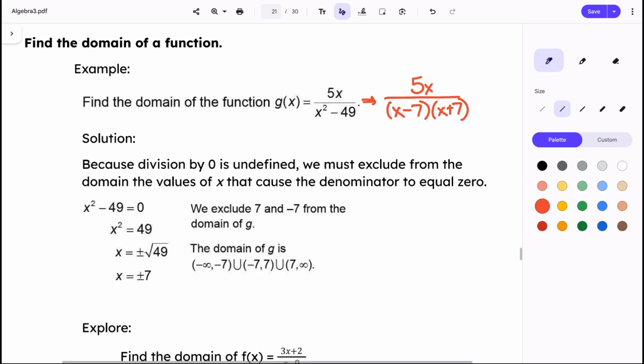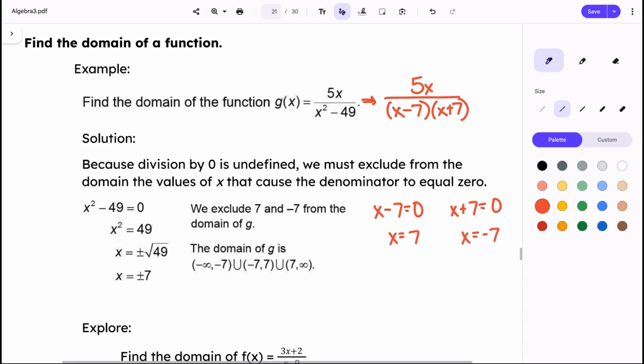Okay? So when you break that apart, you can see now if I were to set each of those equal to 0, so x minus 7 equal to 0, or x plus 7 equal to 0, I would get two different answers for x. I would get a positive 7 and I would get a negative 7.